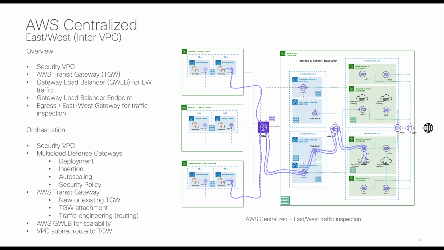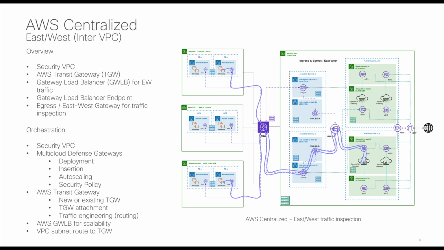The other important flow is your east-west traffic flow, VPC to VPC connectivity. So in this example, we have dev VPC talking to shared VPC, and this traffic flow is not sent directly. Even if both VPCs are connected to a transit gateway, what we do is we receive the traffic, and based on the way routing tables are configured, we forward this traffic to the gateway load balancer endpoint, and then from gateway load balancer endpoint to gateway load balancers, and then to our egress gateway.